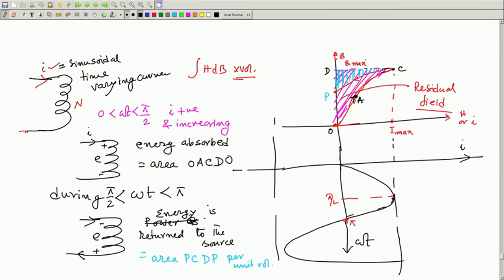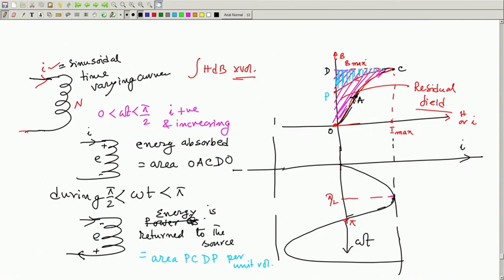This point will go up, and when it reaches I max, this axis incidentally also represents current in some other scale, it reaches I max and correspondingly B max. So during this process you have pumped energy into the system, the area of which is O, A, C, D, P, O.